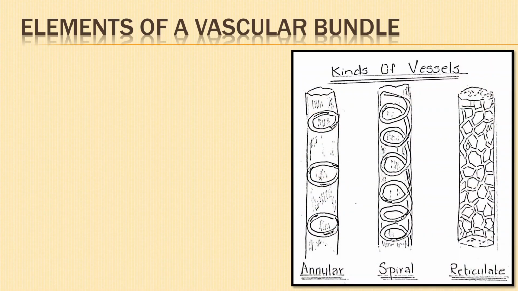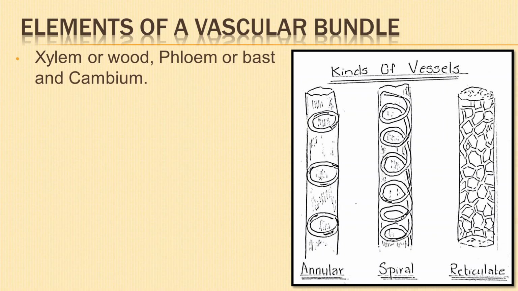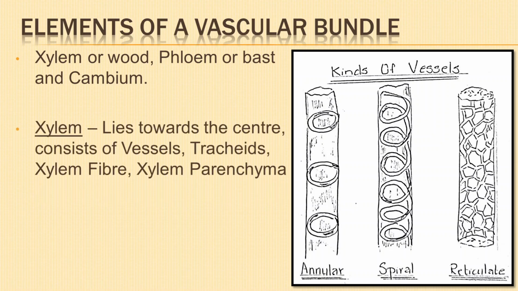The vascular bundle of a dicot stem shows three well-defined tissues, namely xylem or wood, phloem or bast, and cambium. Xylem lies towards the center and consists of vessels, tracheids, xylem fibers, and xylem parenchyma.